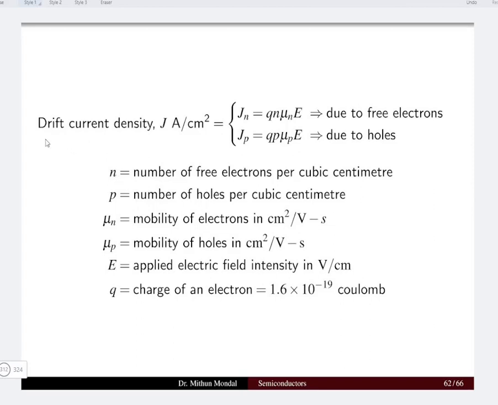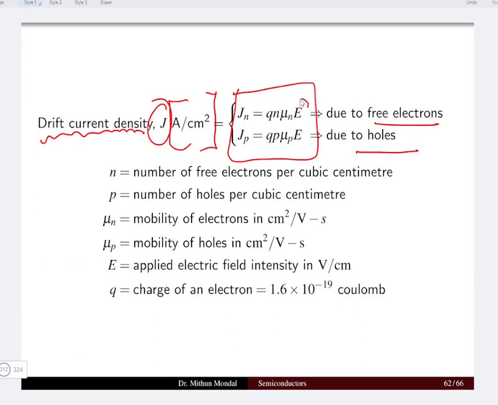If we give this in terms of an equation, the drift current density, which is J, has the unit ampere per centimeter square, and due to the free electrons and holes, this equation can be given as this. So depending upon the electric field, you will have the current density for the electrons and the holes.